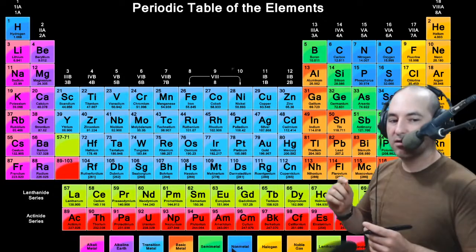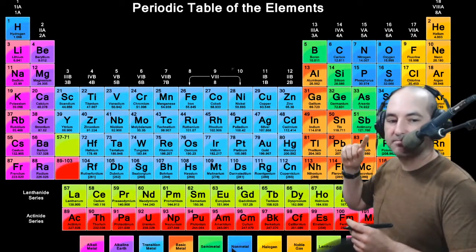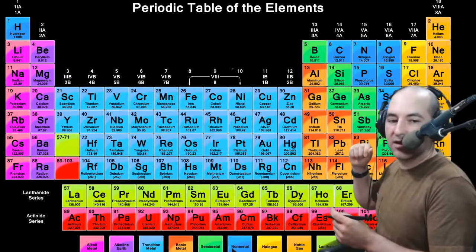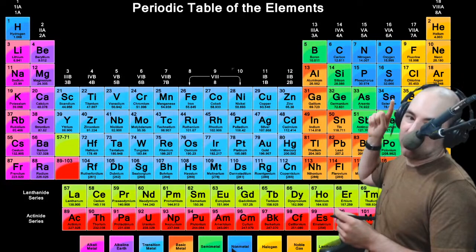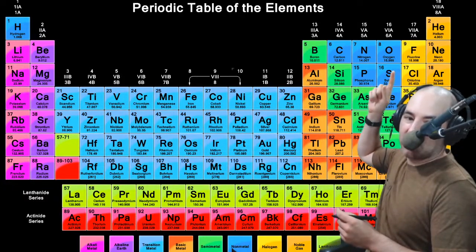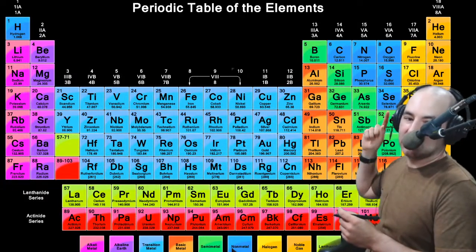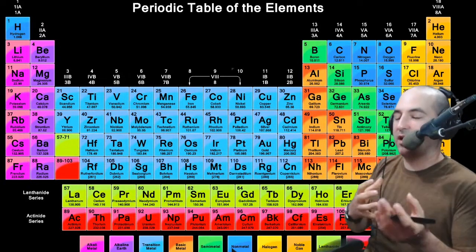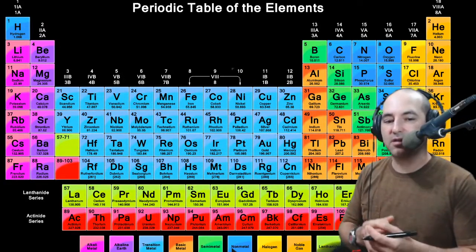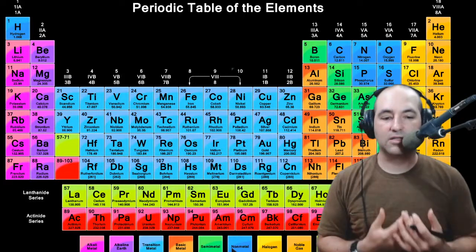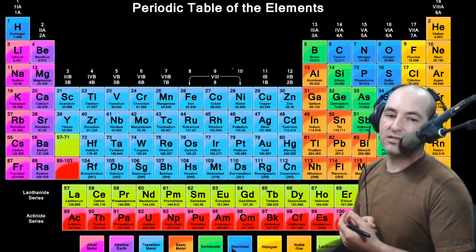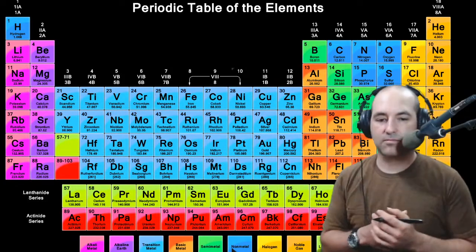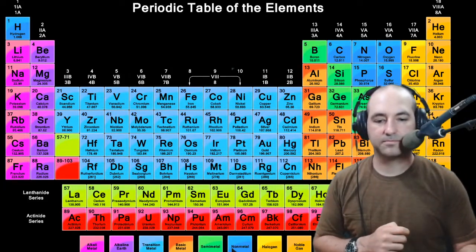So if I asked how many valence electrons selenium has, we can say selenium's in column 6A, so it has 6 valence electrons, even if we didn't know how to count with the buckets.